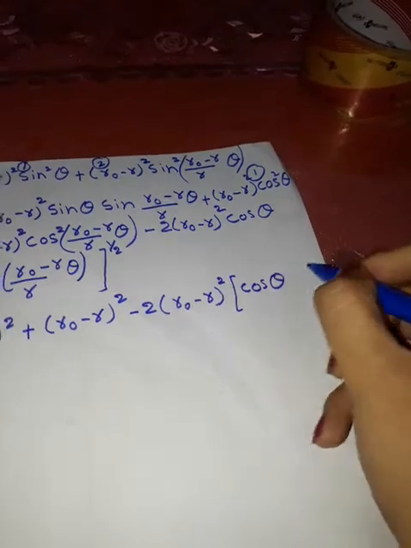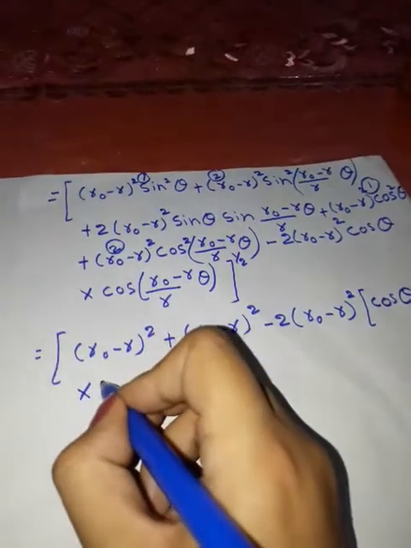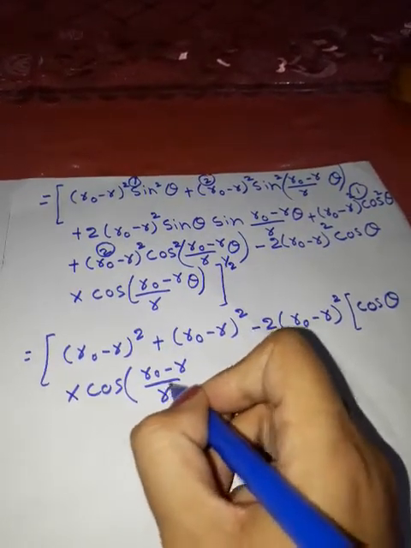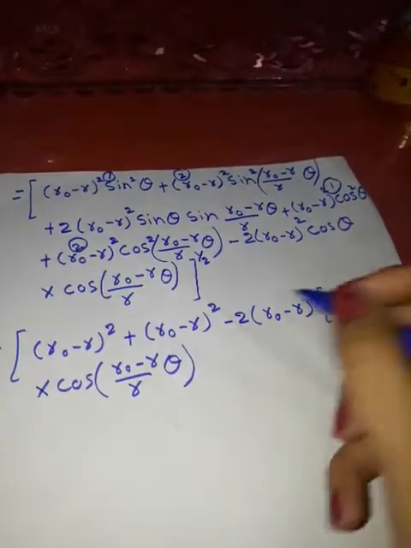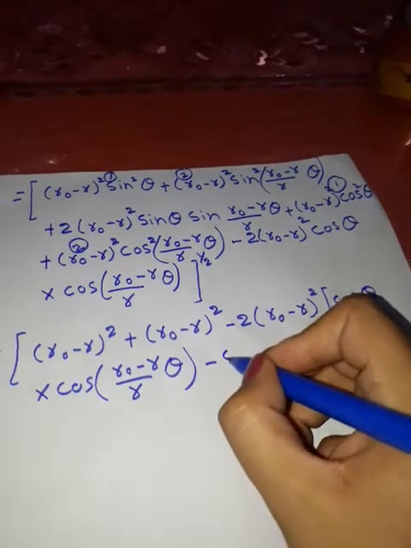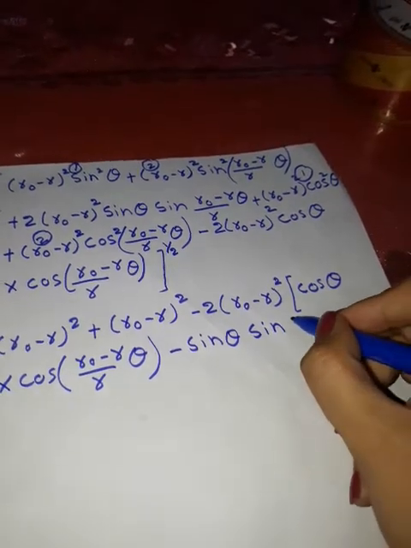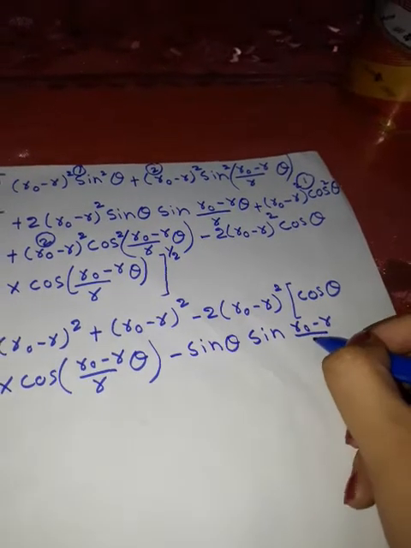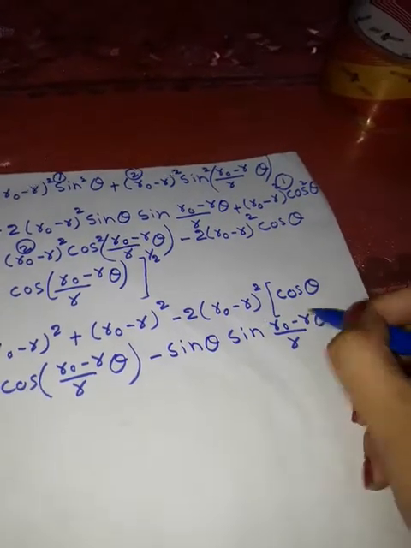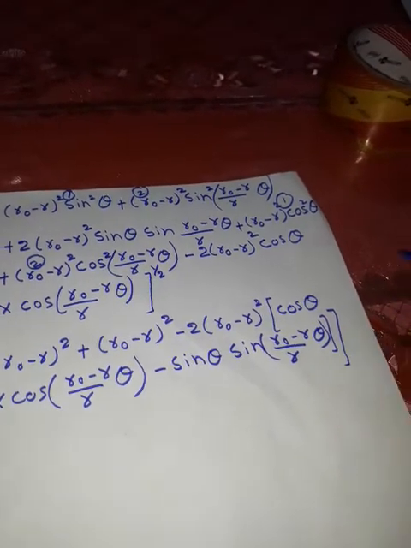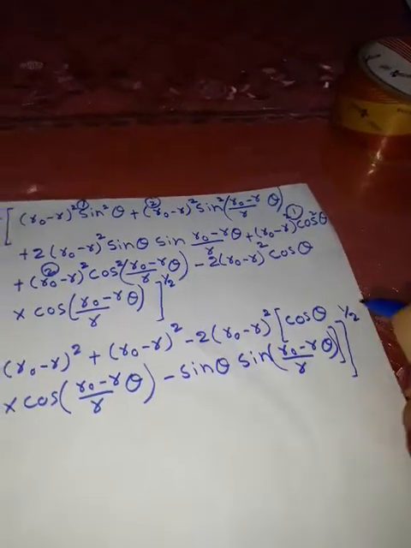Cos theta into cos of r naught minus r divided by r theta, minus sin theta sin of r naught minus r divided by r theta. Here is whole power 1 by 2.